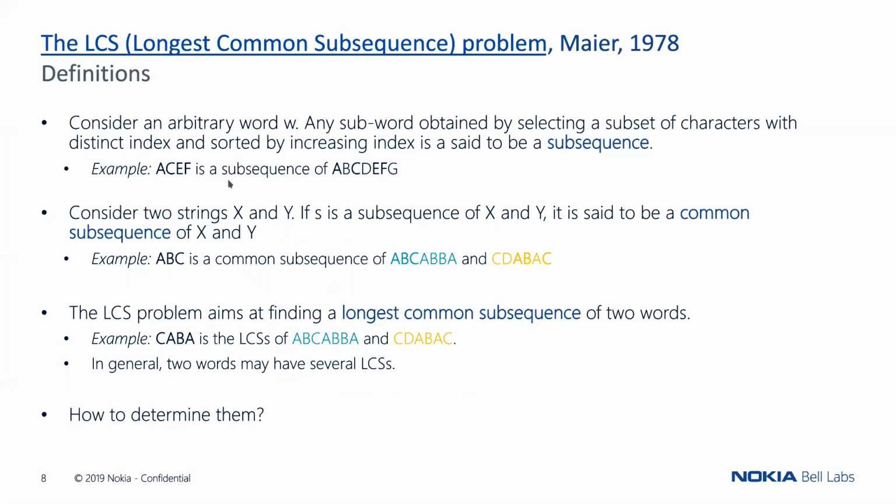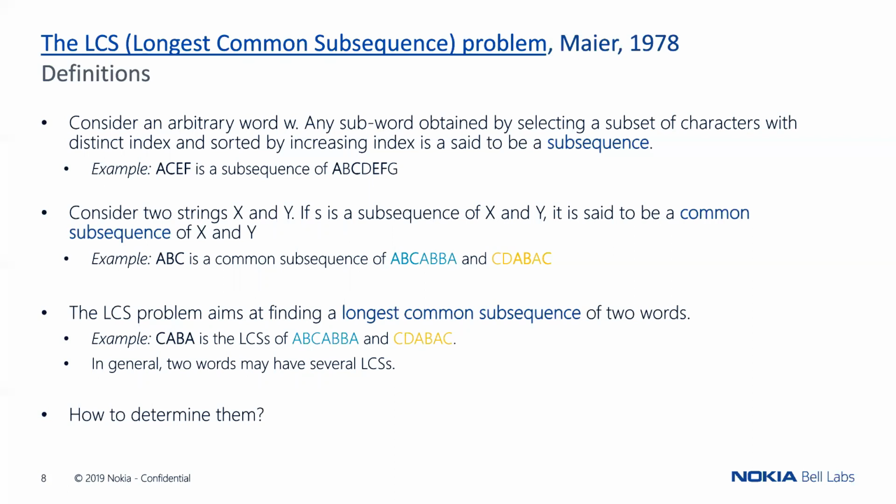So for example, A, C, E, F, as you can see, you preserve the order of the characters compared to A, B, C, D, E, F, G, where you just remove B, D, and G. So this is a subsequence. Of course, the empty word is a subsequence of A, B, C, D, E, F, G, and A, B, C, D, E, F, G is a subsequence of itself, of course.